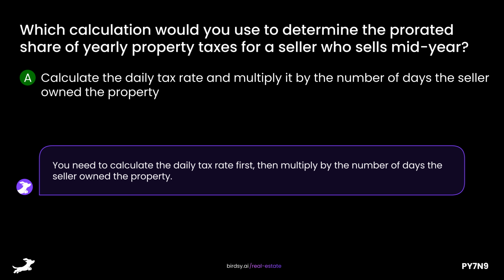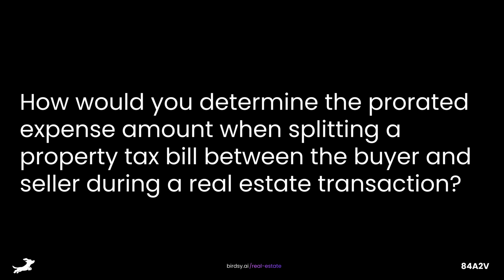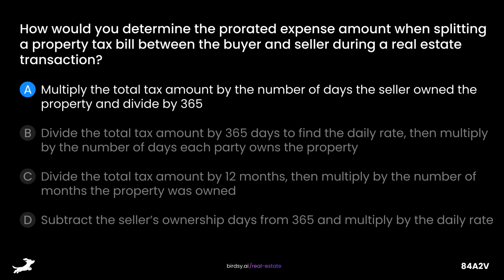How would you determine the prorated expense amount when splitting a property tax bill between the buyer and seller during a real estate transaction? Is it A, multiply the total tax amount by the number of days the seller owned the property and divide by 365?